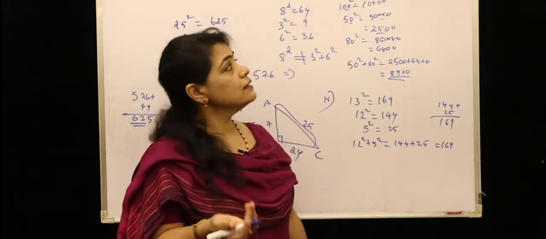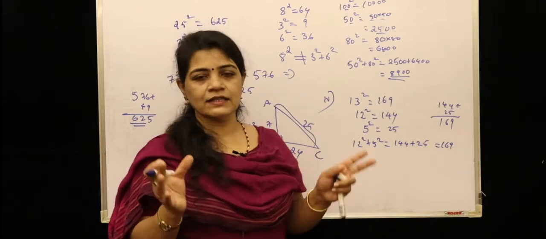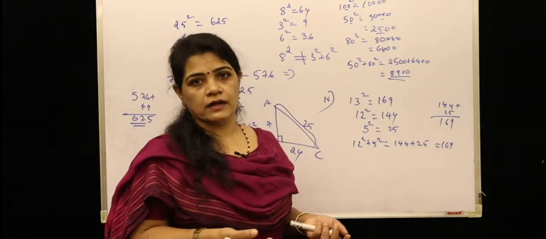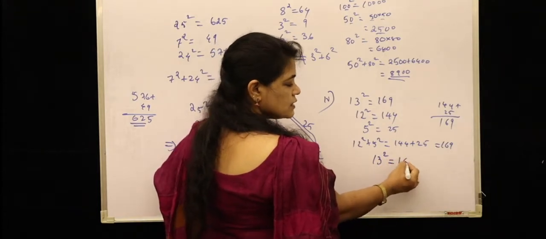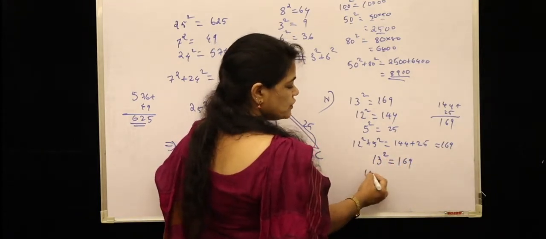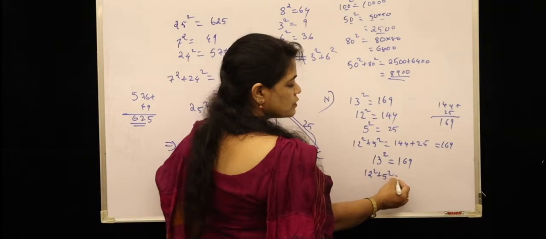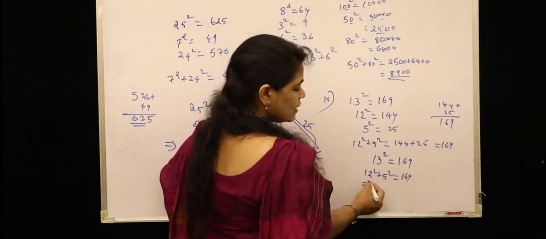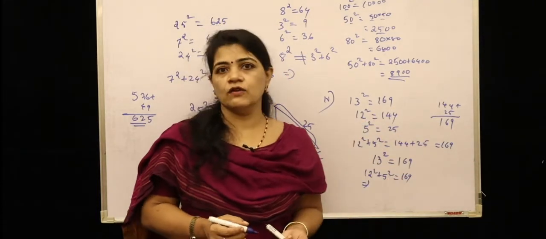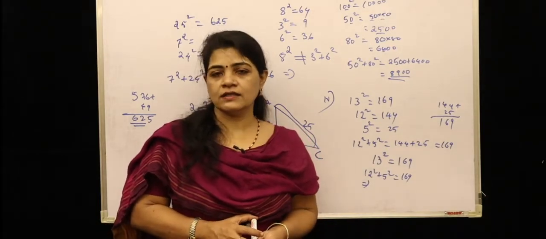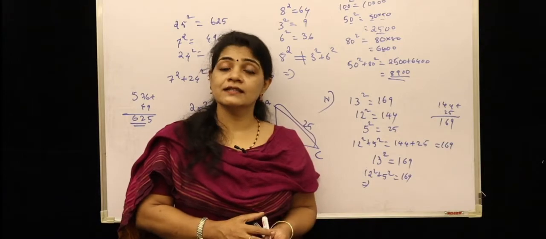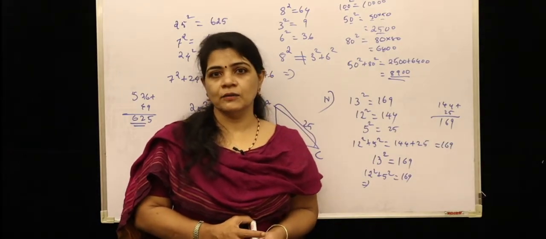So the last problem also, the given sides will form a right triangle. Since 13 square is 169 and 12 square plus 5 square is also 169, the given three sides will form the sides of a right triangle, and hence the longest side will be the hypotenuse, and in this case that will be 13 centimeter.